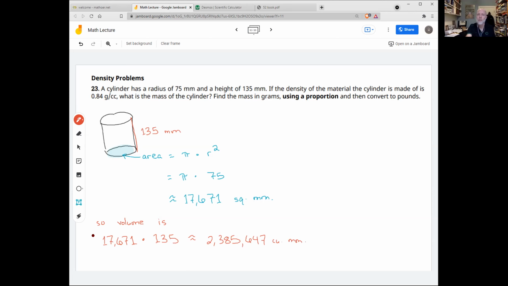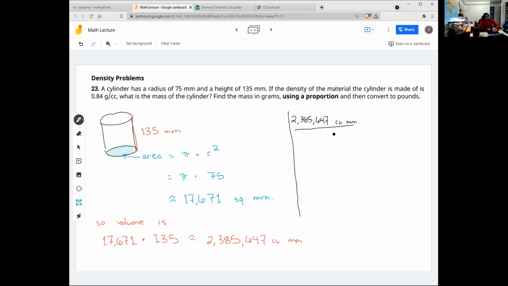Mhm. Now things get a little tricky. This is a great one. I am glad somebody asked it. I'm going to start on the other side of my page. So I have 2,385,647 cubic millimeters.